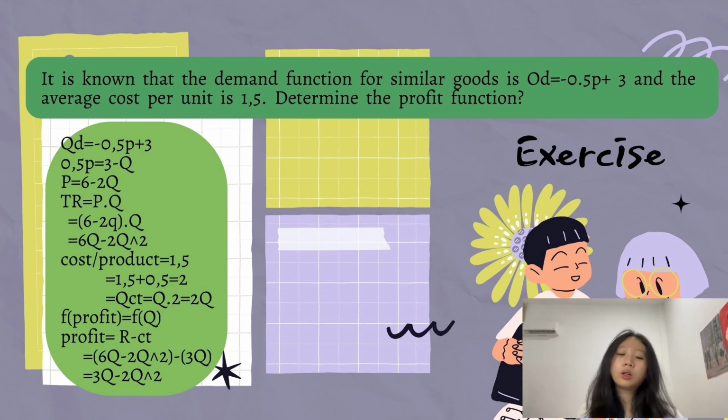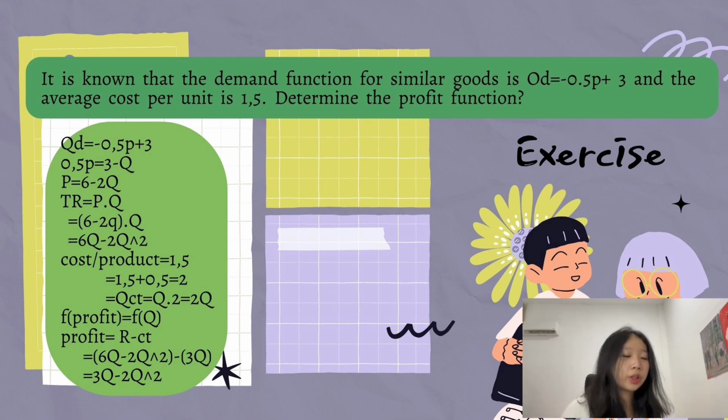So for the CT, it was C plus T, where the cost itself was 1.5 plus 0.5, which remains 2. For the CT itself, it was Q times CT, so Q times 2. So the CT was 2Q.